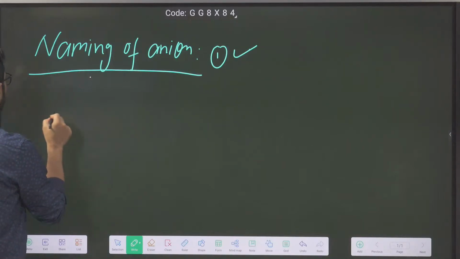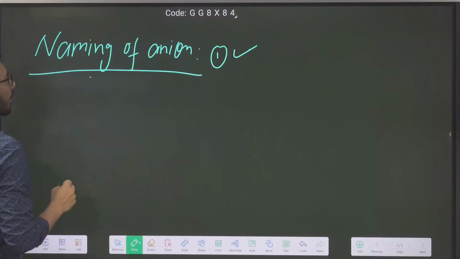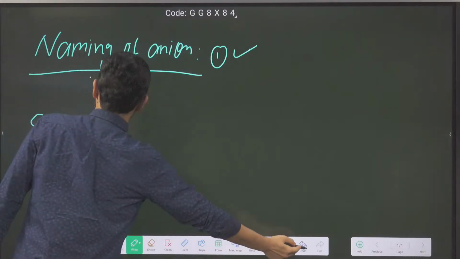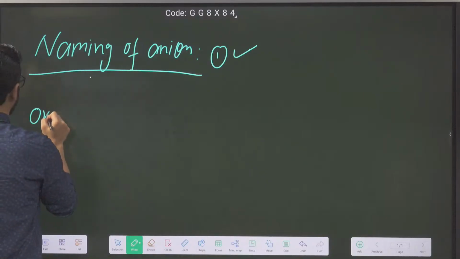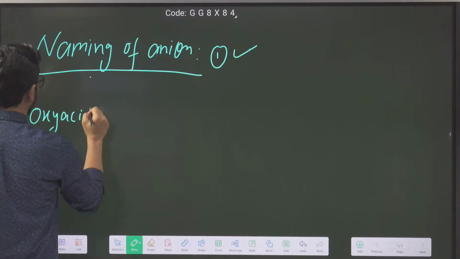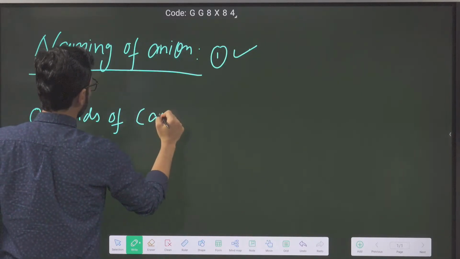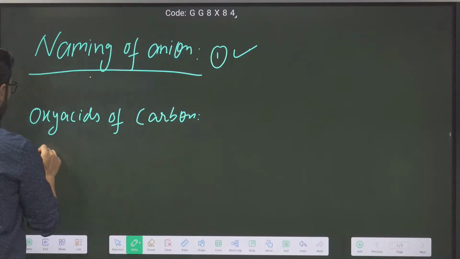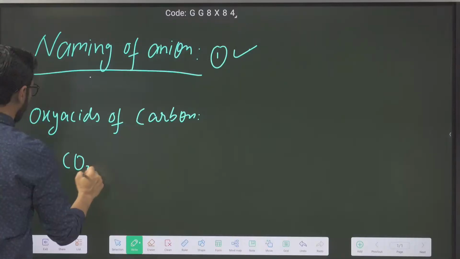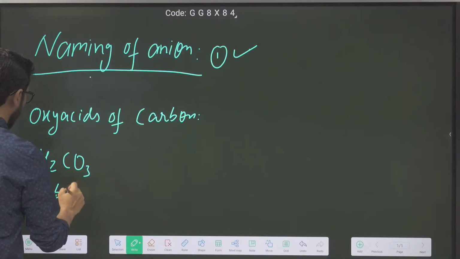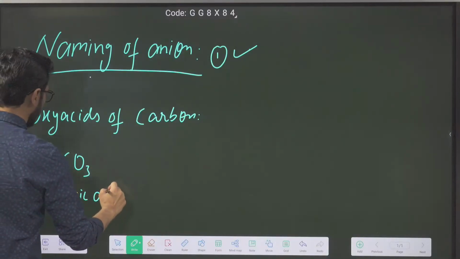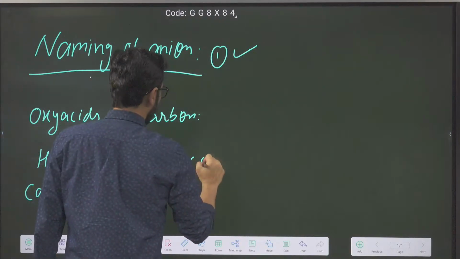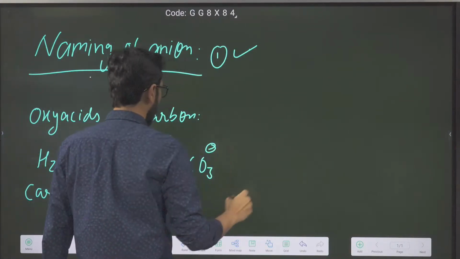Now, other example, if I write oxyacids of carbon. Oxyacids of carbon we have discussed last class, H2CO3. Name of the acid we know it is carbonic acid. Minus of H plus, HCO3 minus, right?